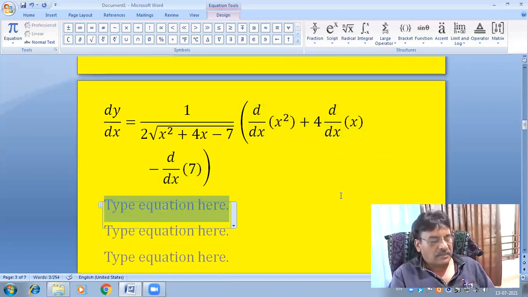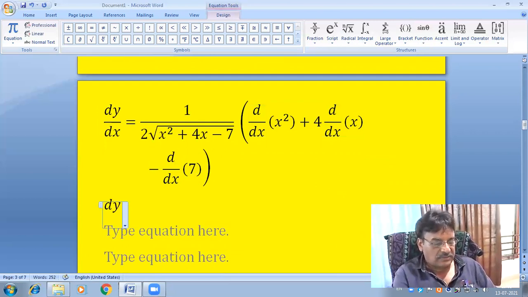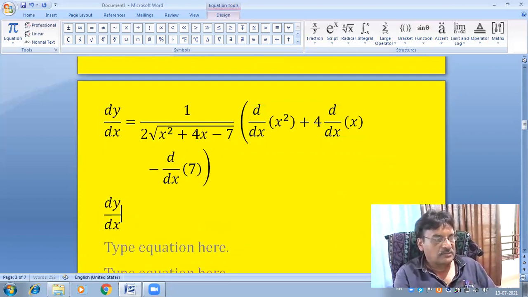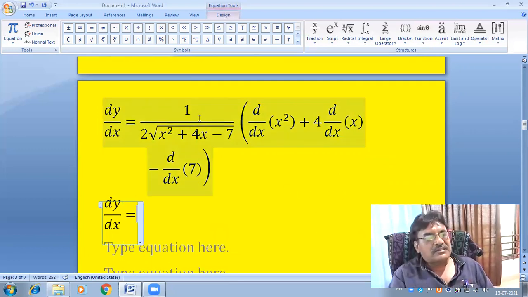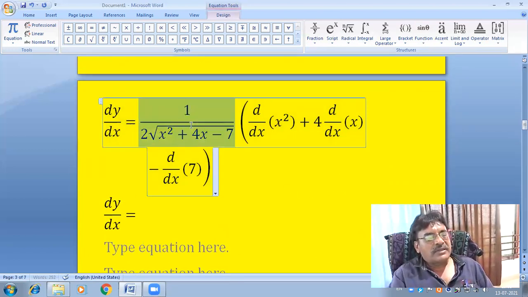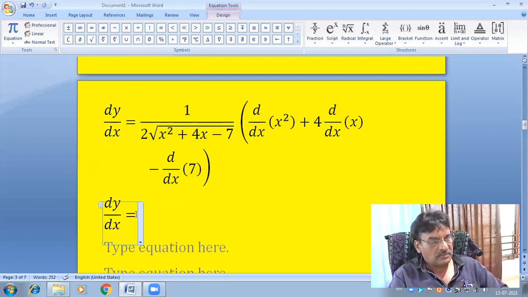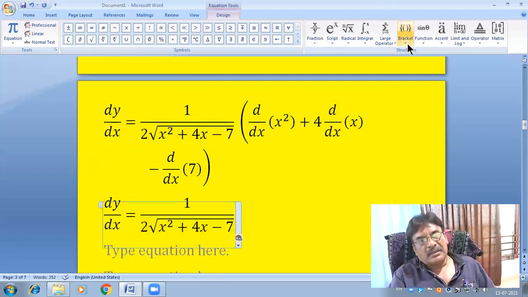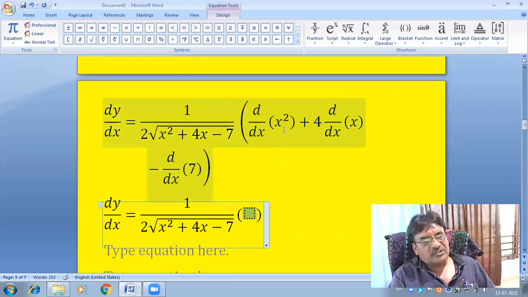Therefore dy by dx is equal to 1 upon 2 under root x square plus 4x minus 7 as it is, and in bracket find d/dx of x square.